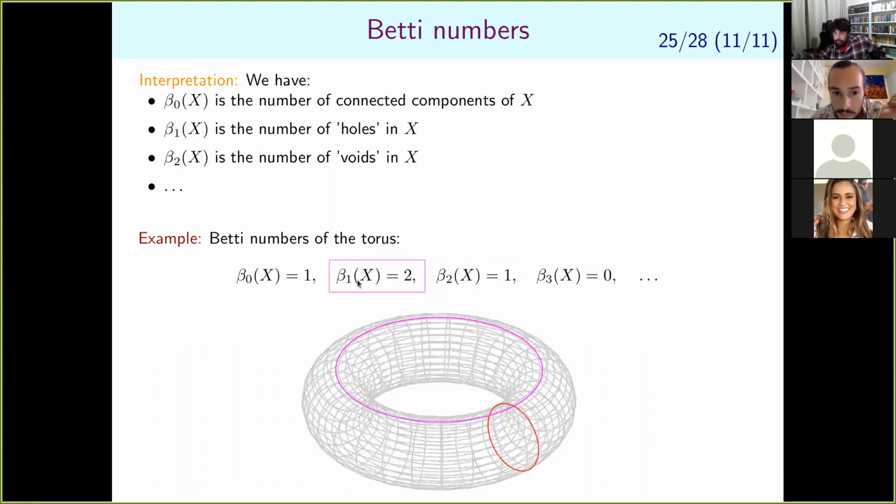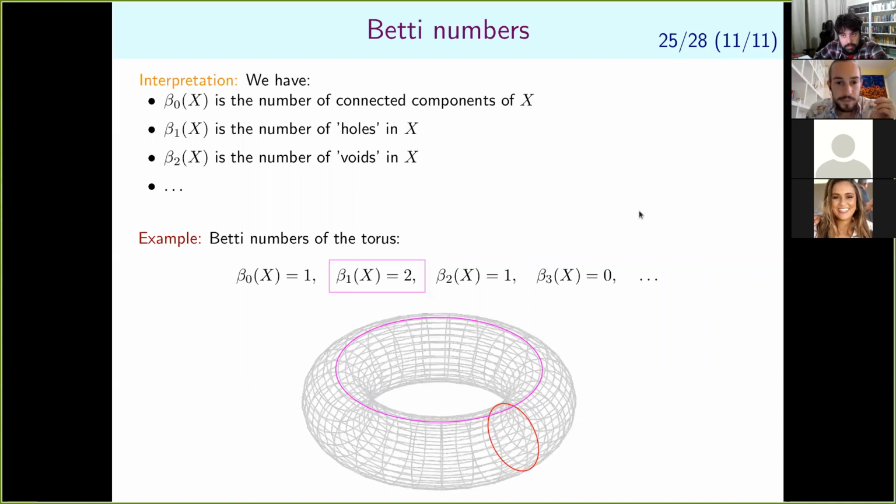And beta 1 is 2, because in some sense you have two holes in the torus. If you cut it in two perpendicular directions, you have two non-connected holes. So these are the Betti numbers of the torus: 1, 2, 1.